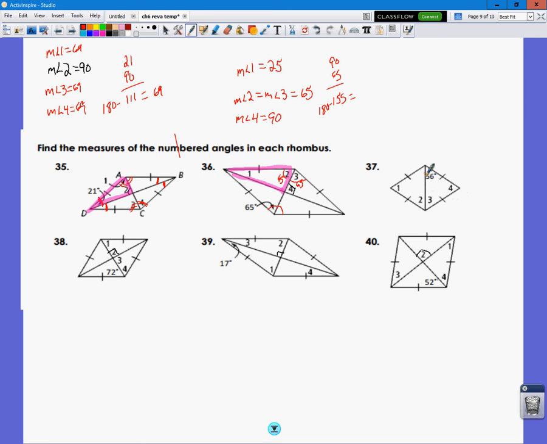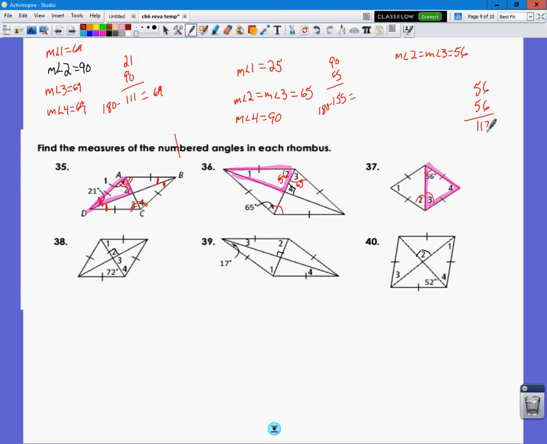I do know that diagonals bisect opposite angles, so if this is 56, angle 2 and 3 are going to be the same, and in fact they would be 56 degrees. If I look at a triangle then, I do know that these are both 56, so I've used 56 and 56.